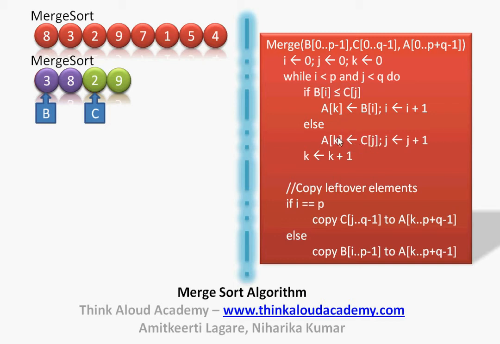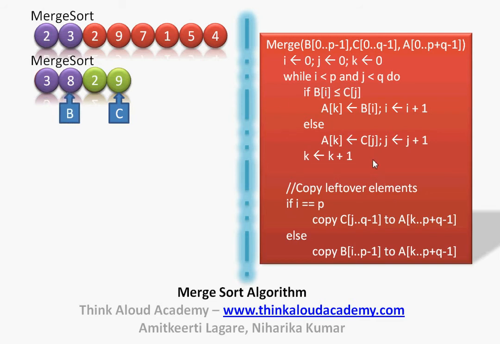So 2 has to get copied into its parent. I first put 2 here and then the C index moves ahead. Then I compare 9 with 3. I've gone one step again into the while loop and check, is B of I less than C of J? Is 3 less than 9? Yes. So 3 has to go and sit in its proper position. 3 is the lesser of the two, so it has gone up, and then B's index moves ahead.